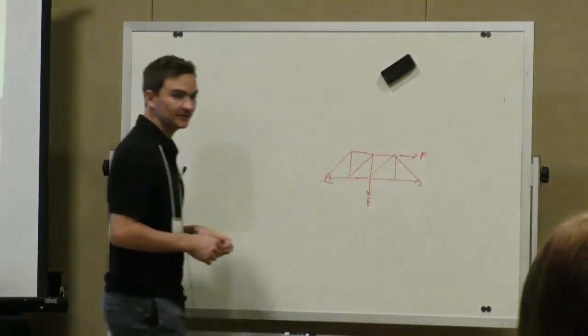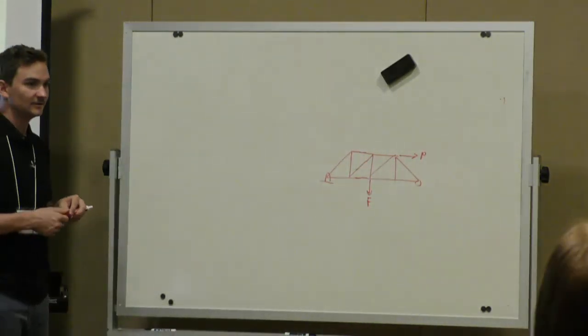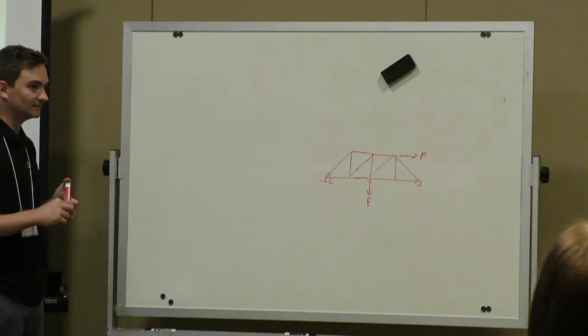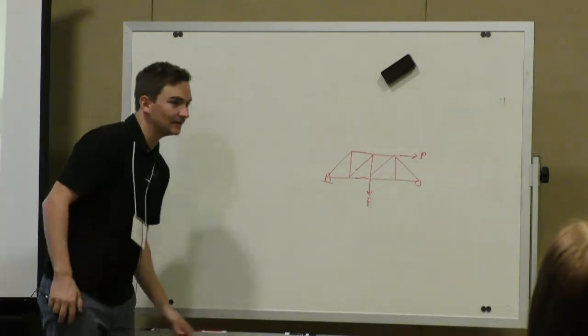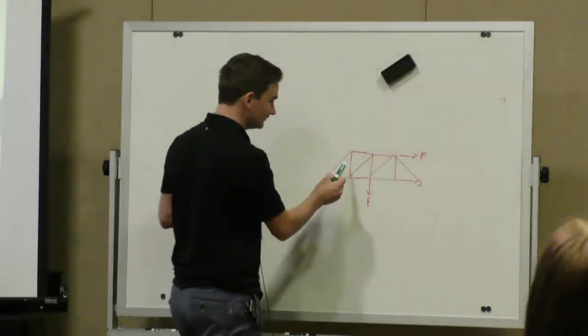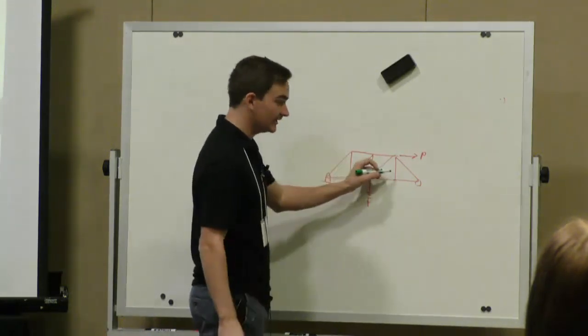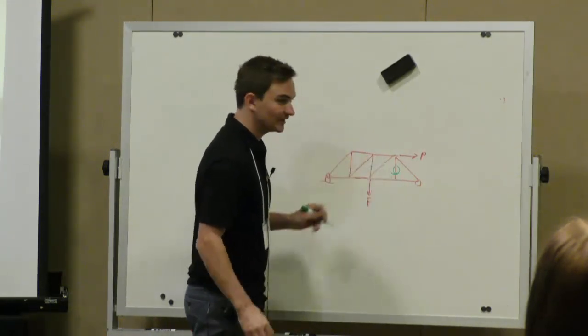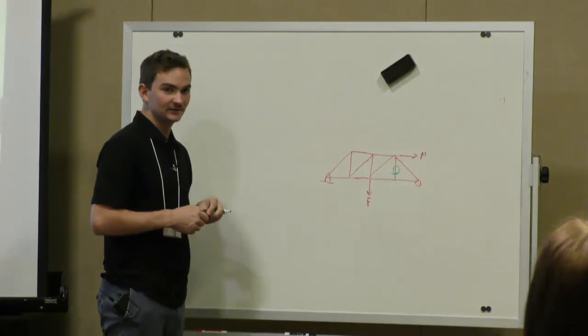So does anyone see any zero force members? The vertical one to the left of the roller. So this one here? You're saying that's a potential zero force member. So what does everyone think?